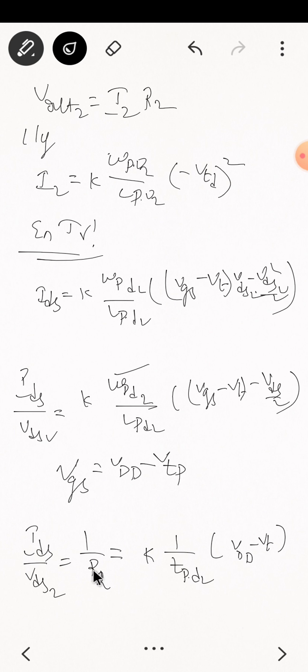So I have to find V out. V out is equal to I2 into R2. We know the I1 value: I1 is K upon ZPU minus VTD whole square.